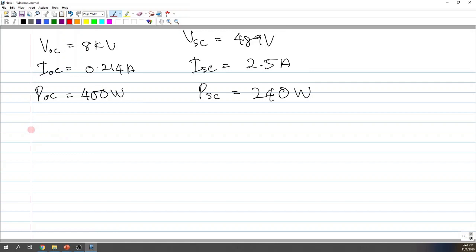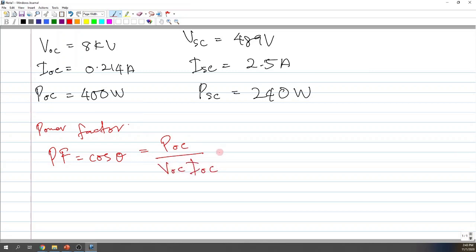Okay, the power factor, which is the PF equal to cos theta, equal to POC over VOC IOC, which is equal to 400 divided by 8000 times 0.214, okay.